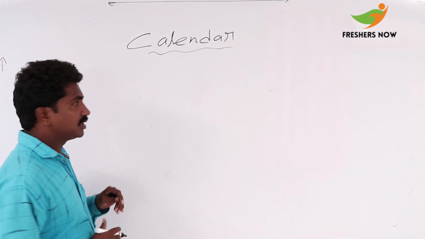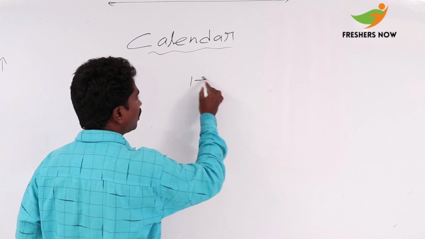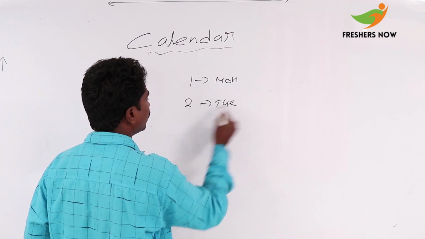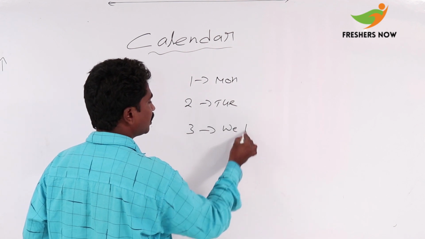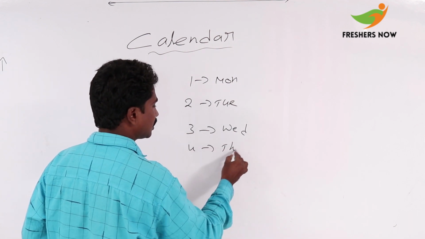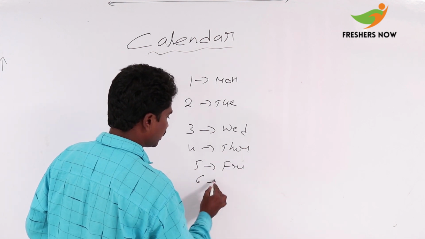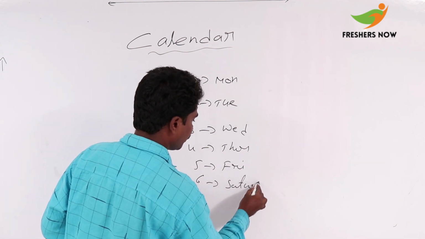While we are finding the calendar day, if 1 odd day is there, that is Monday. For 2, Tuesday. 3, Wednesday. 4, Thursday. 5, Friday. 6, Saturday.